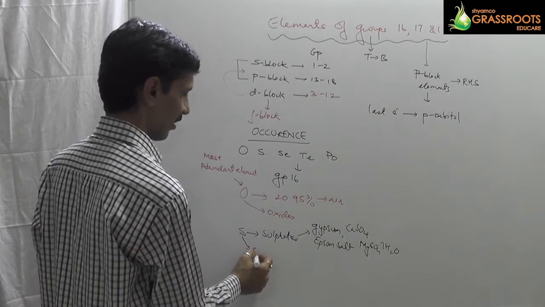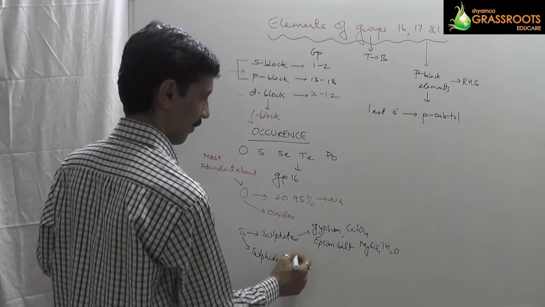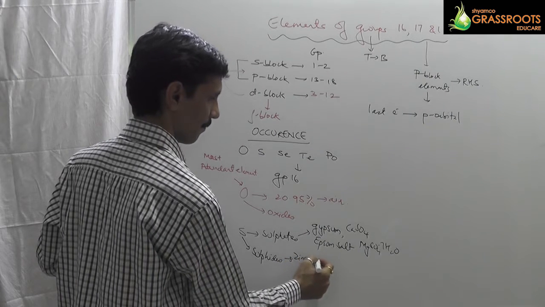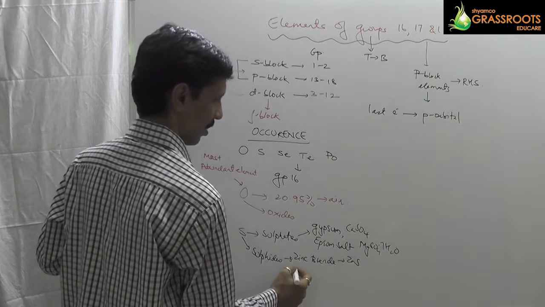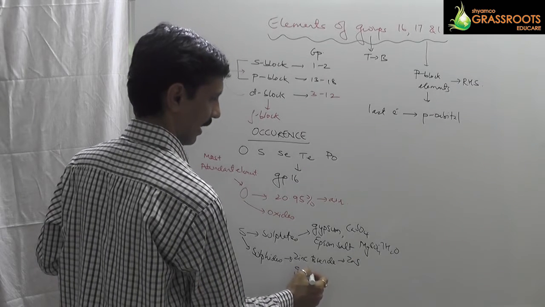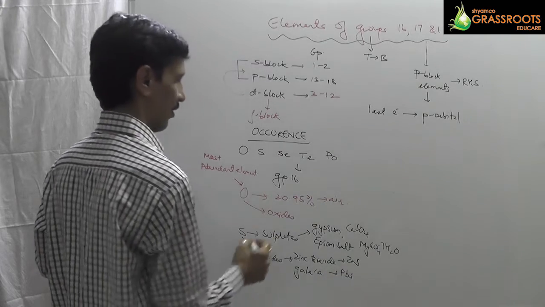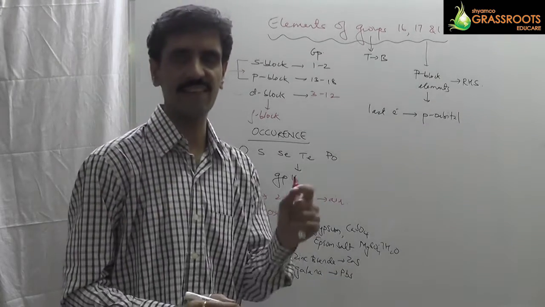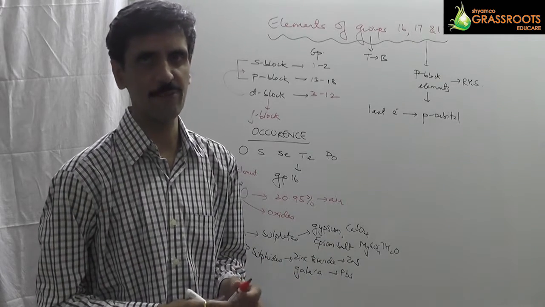Okay, sulfur is also there in the form of sulfides. जैसे कि एग्जाम्पल देता हूं मैं आपको, जिंक ब्लेंड. Okay, that is ZnS. और भी एग्जाम्पल चाहिए तो गैलीना, and that is nothing but PbS. Okay, so basically sulfur exists in this form. Okay, in large proportions, sulfates as well as sulfides.